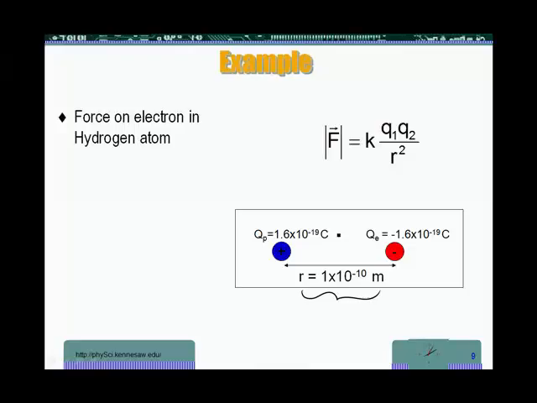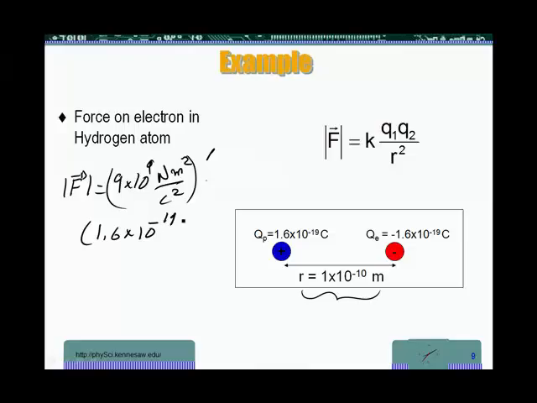So now if we calculate the magnitude of that force, that's going to be 9 times 10 to the 9 newton meter squared per coulomb squared times 1.6 times 10 to the minus 19 coulombs squared.